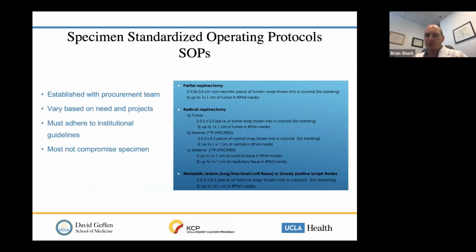And then for procurement, you need an SOP. So if you have a procurement team or you have a pathologist, they're going to have to decide. You're going to tell them what you want, like a partial nephrectomy, radical nephrectomy. I've had times where I have a critical tumor, like I had a woman with BAP1 who had a papillary kidney cancer, and I wanted to know what the hell is going on there.